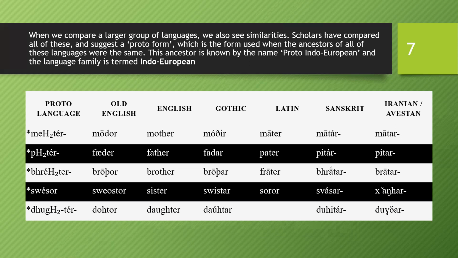Now, there's a bit of complicated code going on there with the capital H's, and I'm not going to talk about that today, except to say that what this means is that we can reconstruct an original form and then explain all the sound changes that led to the forms that we see in all the languages that are present there. We call those daughter languages.